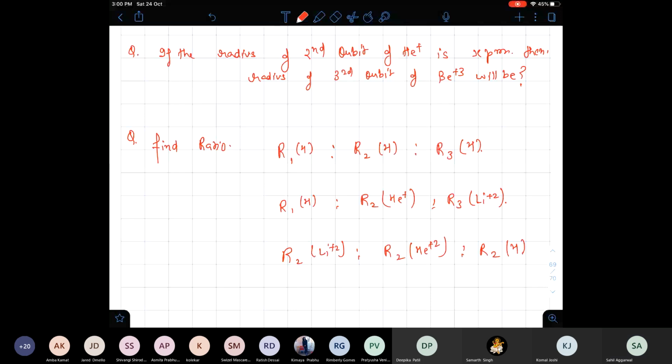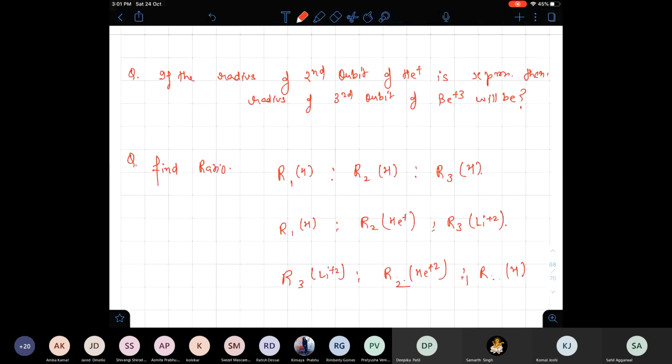Solve this. Solve both these questions. Sixteen is to 9.